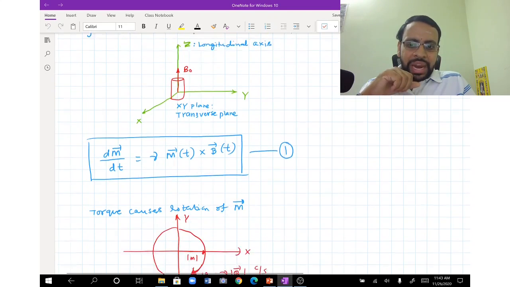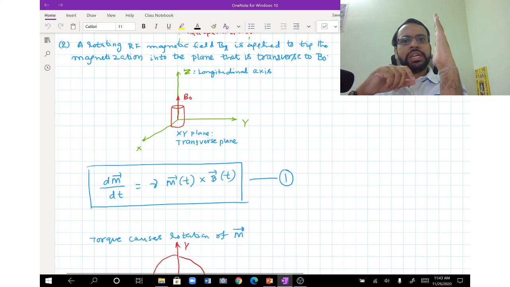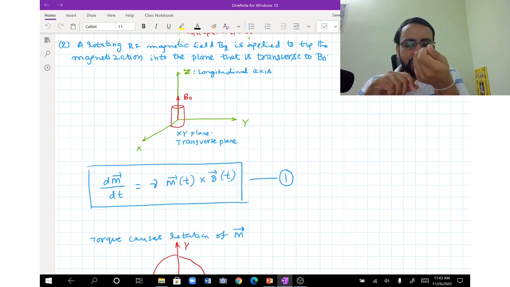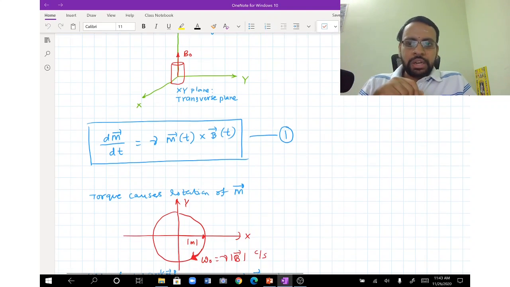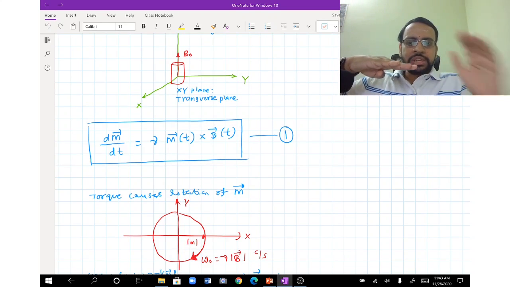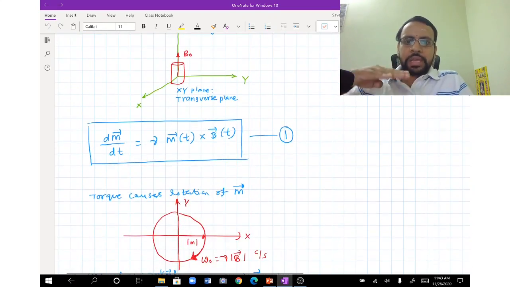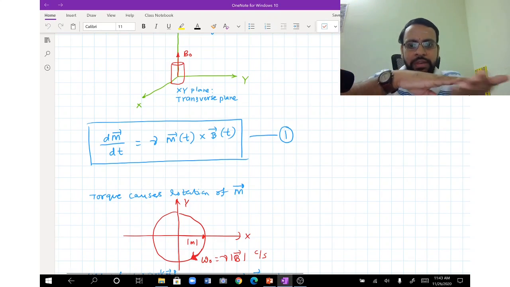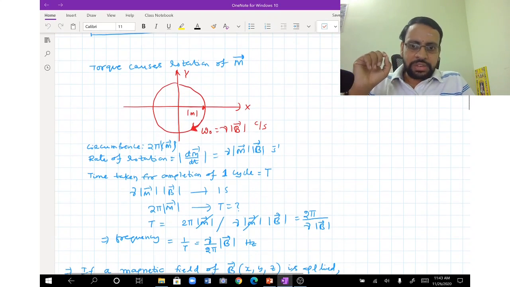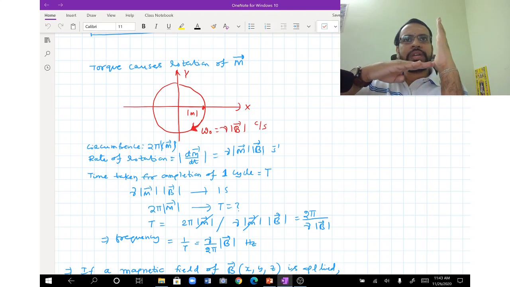And I would like to add a few more points here. Now suppose this is oriented in the z direction, resonating at the resonant frequency of gamma times B bar. What would happen if I now apply an additional field, which I would call B1? I apply a field B1 in the xy plane at the resonant frequency, such that this vector M bar is affected.